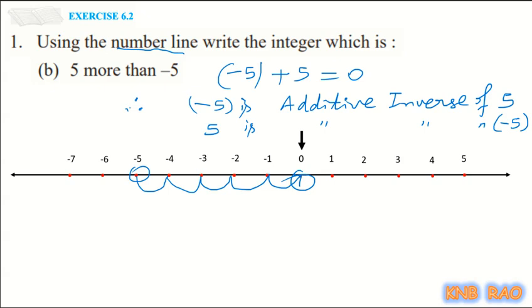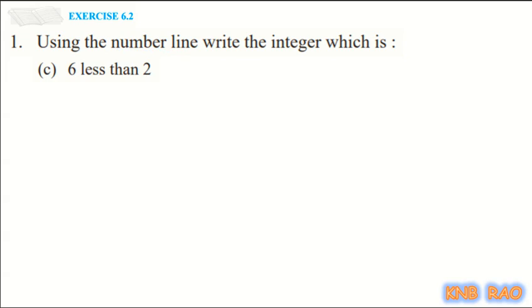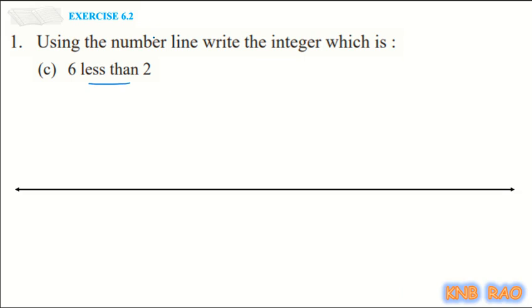Coming to the next question: using number line, write the integer which is 6 less than 2. The moment we see less than, we have to decide that for 2, 6 less is obtained only by subtracting. On a number line, we draw the number line, marking the points on it.